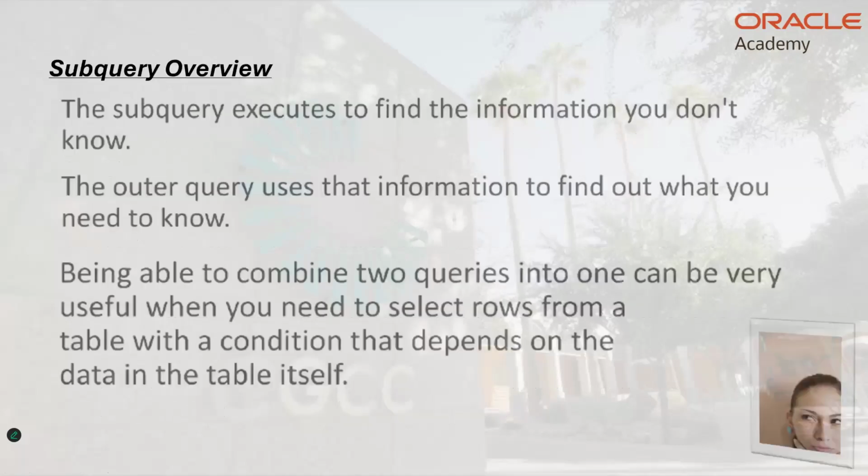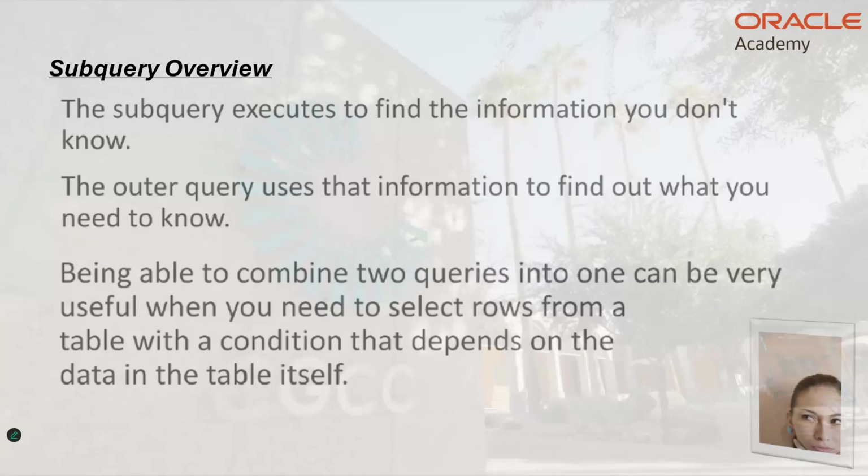And you'll see here how useful subqueries can be when you're tasked to create a specific report and you don't have all the parameters. This is usually where we lean on subqueries. So the subquery executes to find the information you don't know. The outer query, which is the first query you see, uses that information to find out what you need to know.